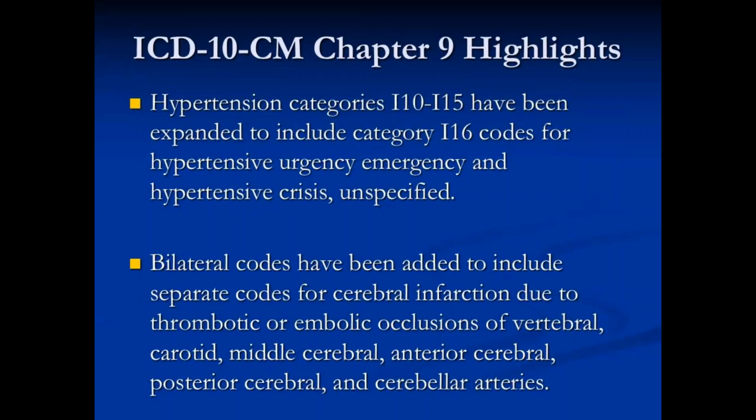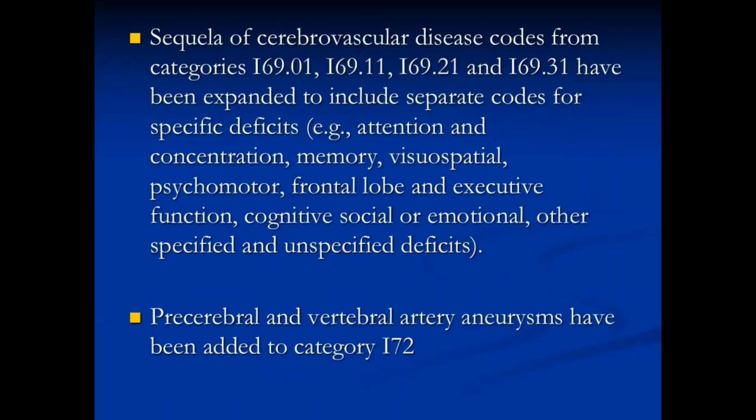Bilateral codes have also been added to include separate codes for cerebral infarction due to thrombotic or embolic occlusions of vertebral, carotid, middle cerebral, anterior cerebral, and posterior cerebral arteries. Sequela of cerebrovascular disease codes from category I69.01 through I69.31 have been expanded to include several codes for specific deficits.